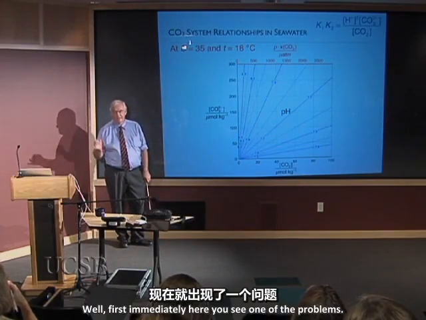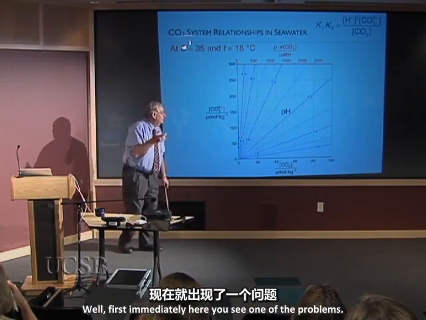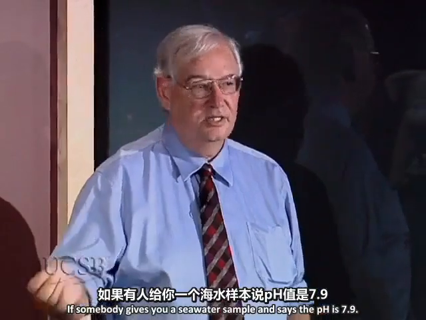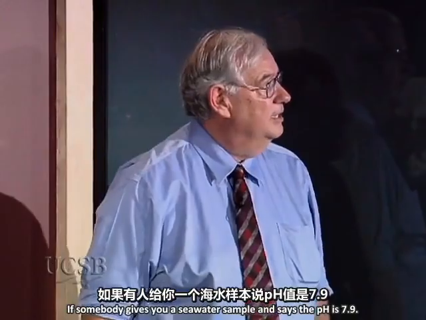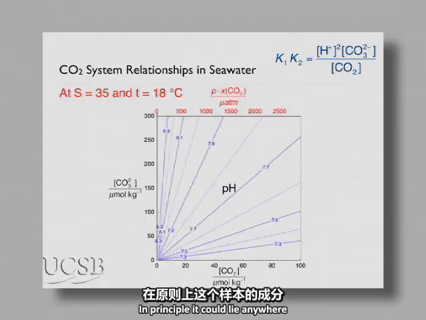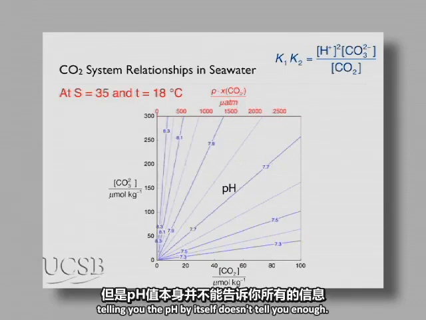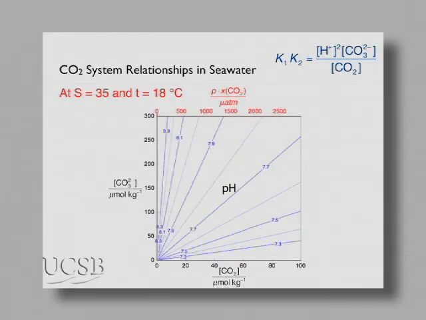Well, first, immediately here, you see one of the problems. If somebody gives you a seawater sample and says the pH is 7.9, in principle, it could lie anywhere along that line for composition. Telling you the pH by itself doesn't tell you enough.